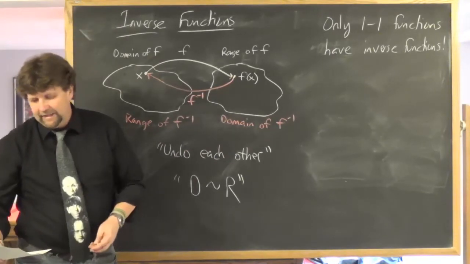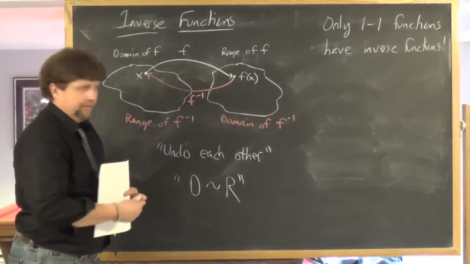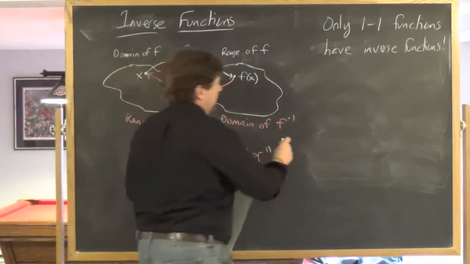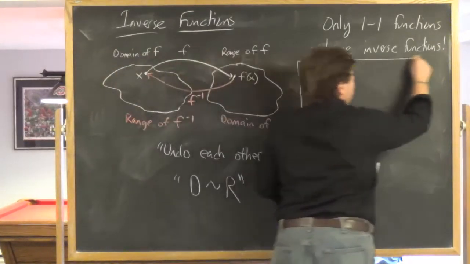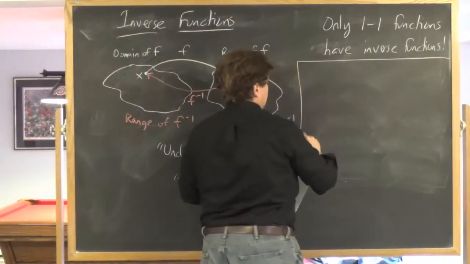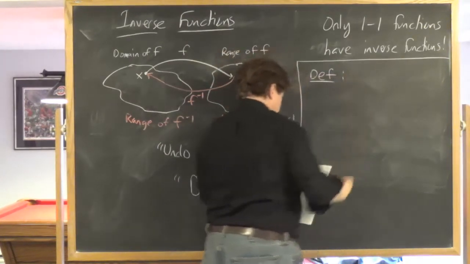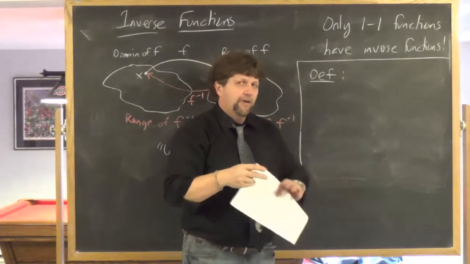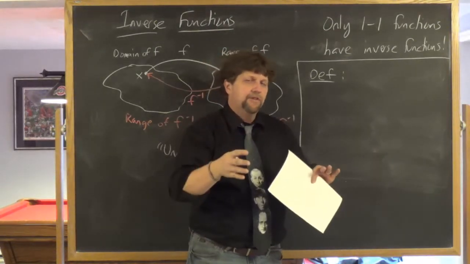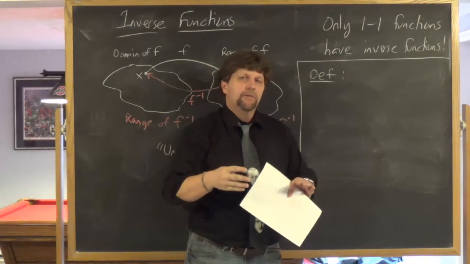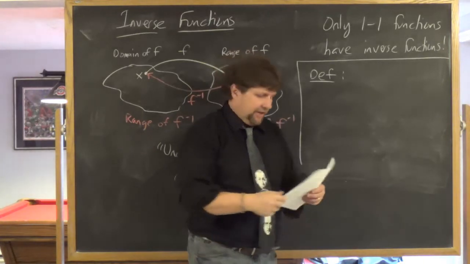So with all of that said, let me write up a quick definition over here. I'm going to block this off. This is the definition on how we're going to determine if two functions are inverses of each other.